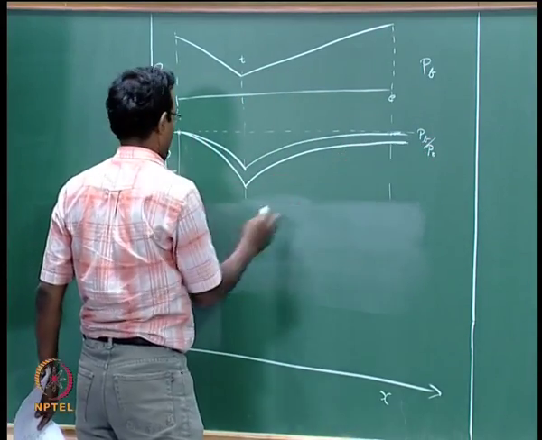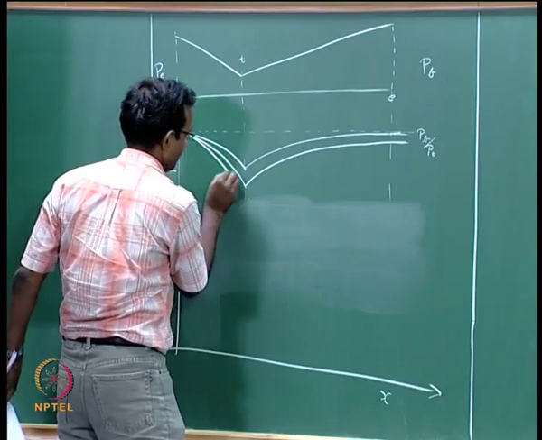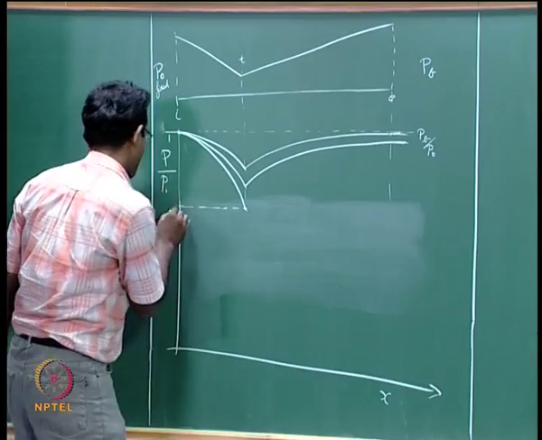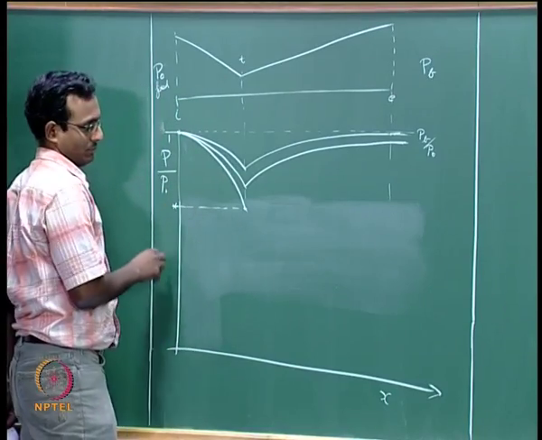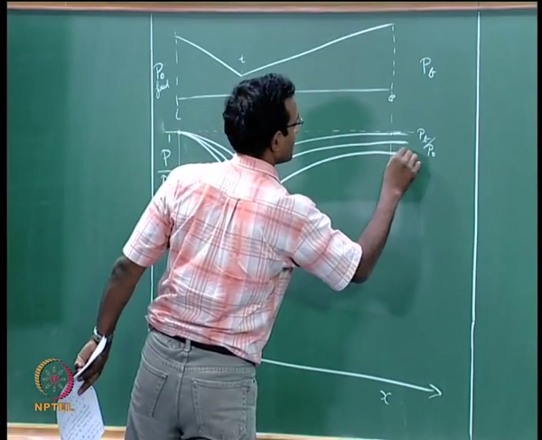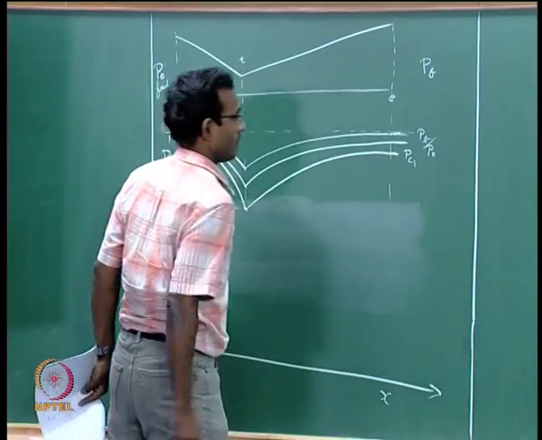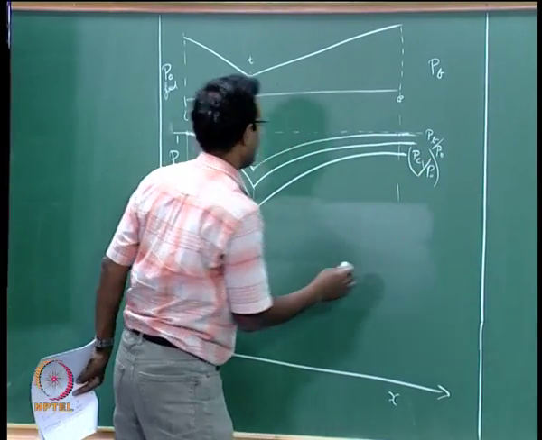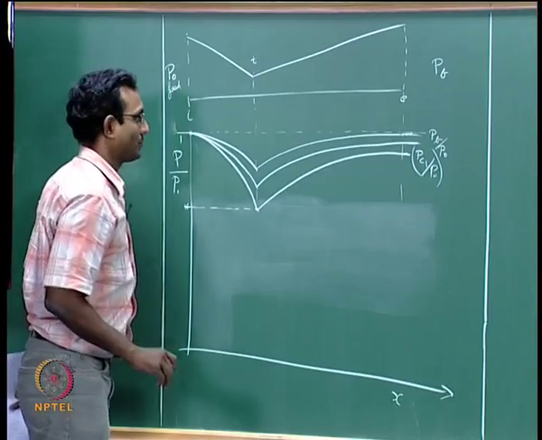So, I have decreased and there is a point where it is critical. Let us say this is my P star value. So, this is my star condition. From here it is going back to P critical 1, P critical 1 divided by P0, since we are plotting ratios here.